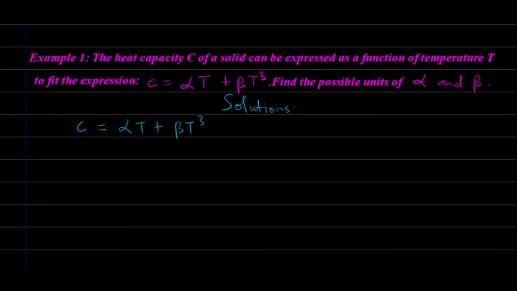Now, to solve this, we are going to make use of the principle of dimensional homogeneity, which says that if we have a mathematical expression x plus y is equal to z, this equation will be dimensionally homogeneous if the dimension and unit of x is the same as the dimension and unit of y and the same as the dimension and unit of z. That means if they have the same unit and dimensions, then we can say that equation is dimensionally correct.